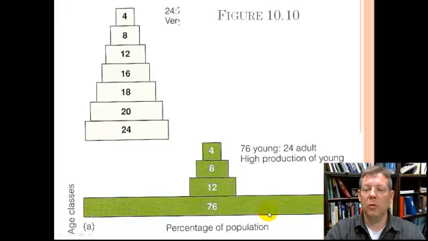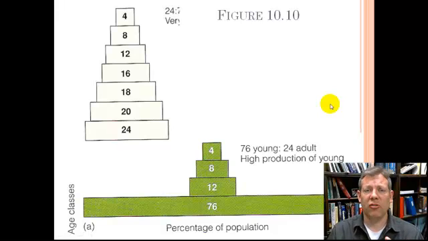You've got this huge number of young fish and then very high mortality. And looking at the relative ratios of these, you can kind of get an idea of what's going to happen, as these huge number of young fish in this bottom one are going to dominate for a few years because there's so many of them.